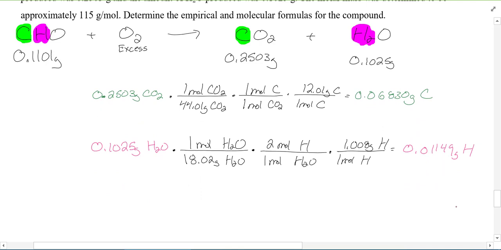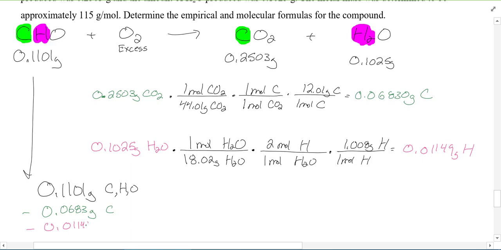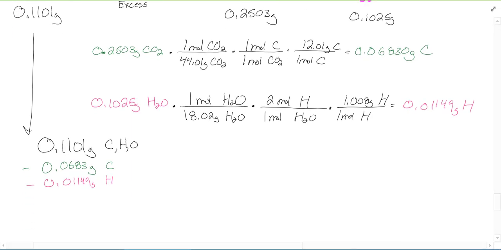So now I want to take my mass, the 0.1101 grams of C, H, and O, subtract 0.0683 grams of C, and subtract 0.01149 grams of H, and I will be left with 0.03031 grams of O.